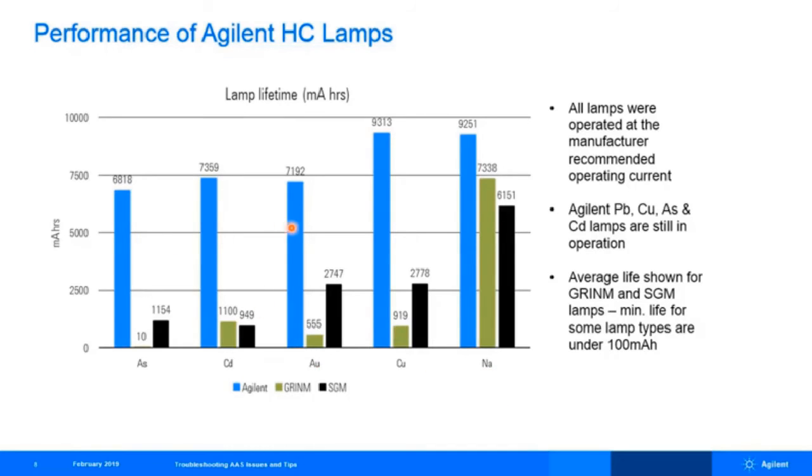You can see that the Agilent lamp, shown by the light blue bar, gives the longest life for each of these elements, well over 2.5 times longer than the nearest competitor for most of the elements, and about 25% longer than the nearest competitor for the sodium lamp. So again, you can see that there's a significant advantage in working with the Agilent lamps. They definitely provide longer life and a lower operating cost for you as a laboratory analyst.